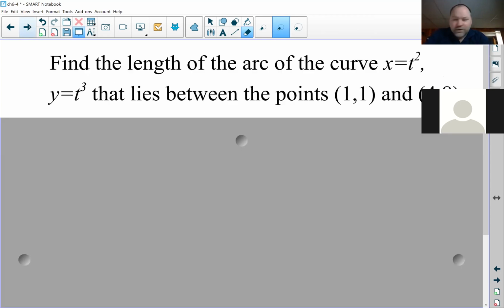All right, so let's take a look at the length of an arc of the curve x equals t squared, y equals t cubed, between the points 1, 1 and 4, 8.